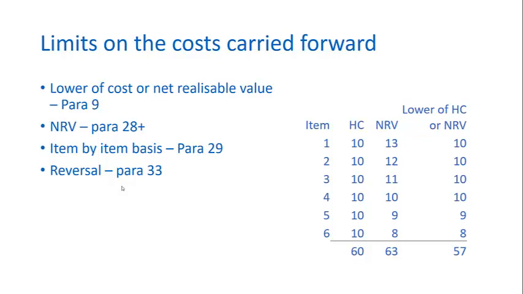So if you look at the tile on the side of the screen there, you can see that whilst we might have an aggregate net realizable value of $63 and an historic cost of $60, because we're doing it item by item, that's not relevant. You can see that on an item by item basis the lower value is 57, and we'd have to write down our inventories by $6. That's the consequence of doing it on an item by item basis.